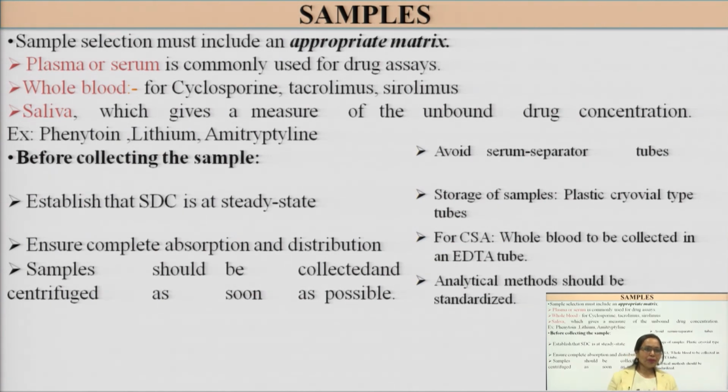Before collecting the sample, what are the different aspects to be considered? Establish that the drug is at steady state. Next, ensure complete absorption and distribution; the drug has to be completely absorbed and distributed. Then samples should be collected and centrifuged as soon as possible. If we keep the sample and centrifuge it after some time or some days, it will not give an appropriate result.